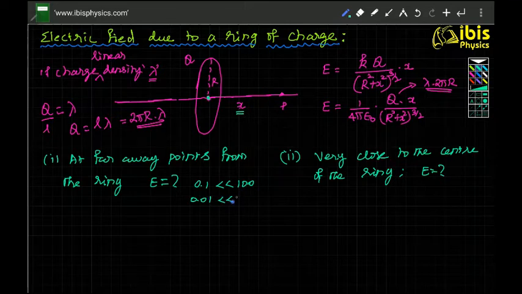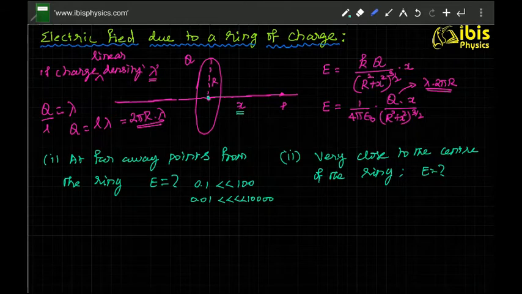Whenever one value is very much less than the other, when you take the square, the smaller value gets even smaller and the larger value gets even larger, so compared to the larger value, the smaller value becomes negligible.